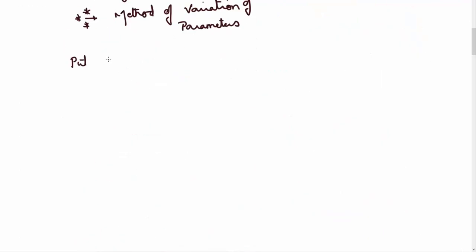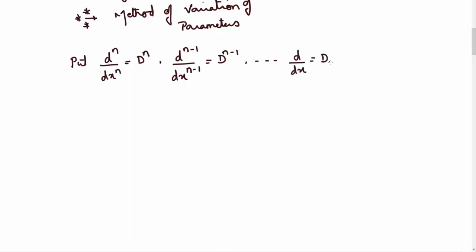So I'll put d to the power n by dx to the power n as capital D to the power n, and d to the power n minus 1 by dx to the power n minus 1, I'll write as capital D to the power n minus 1, and so on. Similarly, d by dx denoted with capital D.